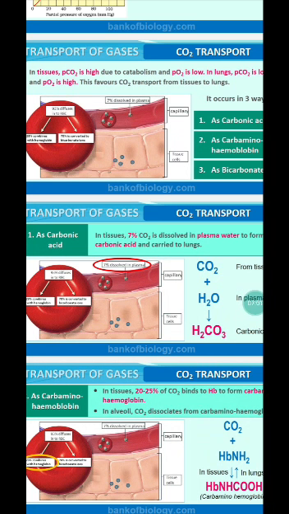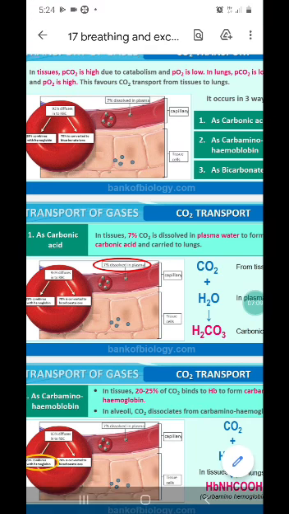The second method is the hemoglobin of the blood combines with carbon dioxide to form carbaminohemoglobin. What is that? Hemoglobin of the blood reacts with carbon dioxide to form carbaminohemoglobin. Okay. And the third method is as bicarbonate.